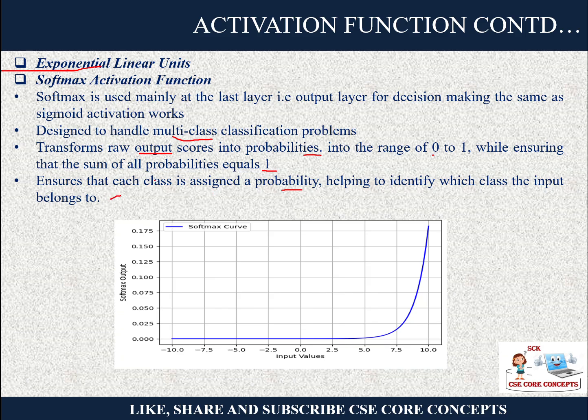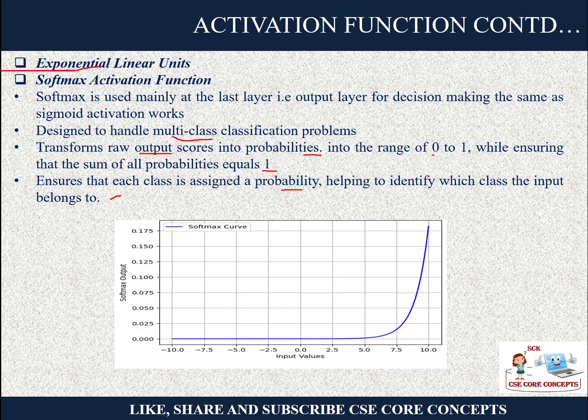Now if you have a multi-class problem, then you divide it into multiple thresholds. Understood? So less than this value 0, between this 1, then 2, then 3. For each class you compute the probability, and whichever has the highest probability, that class is assigned.